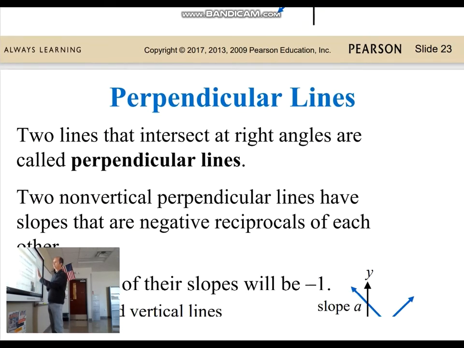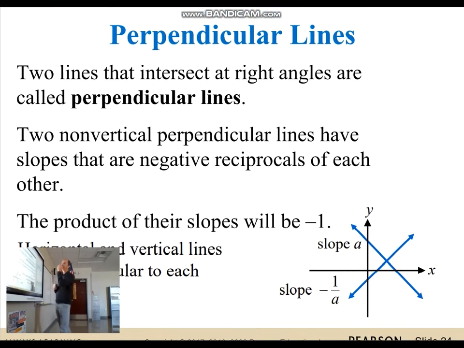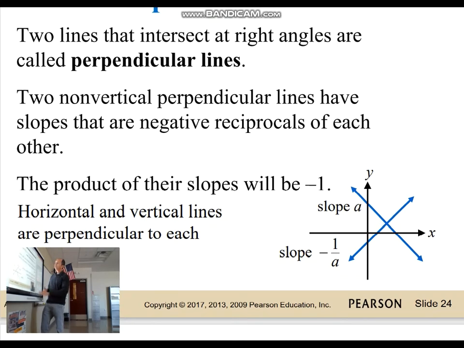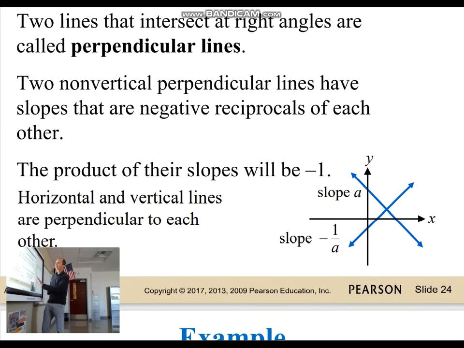And two lines that intersect at a right angle are called perpendicular lines. Two non-vertical perpendicular lines have slopes that are negative reciprocals of each other. Look here at the picture.